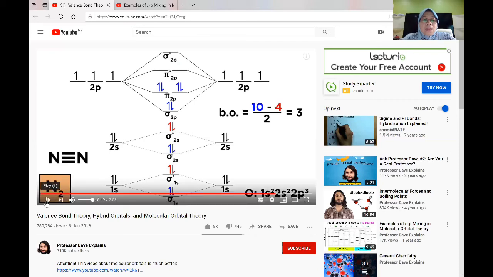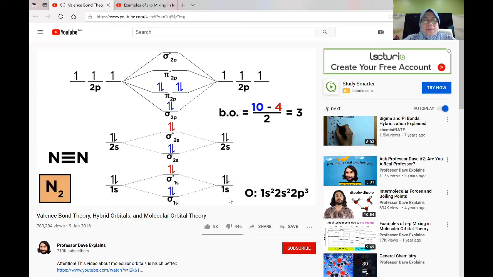So before you start calculating the bond order, try by yourself to fill up the electrons in the molecular orbitals. Nitrogen has 7. Atoms in a nitrogen molecule have a triple bond between them.